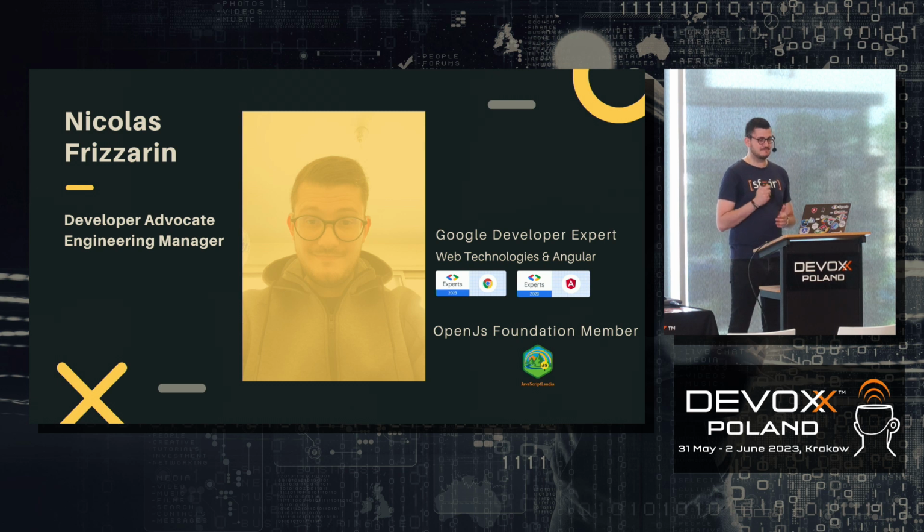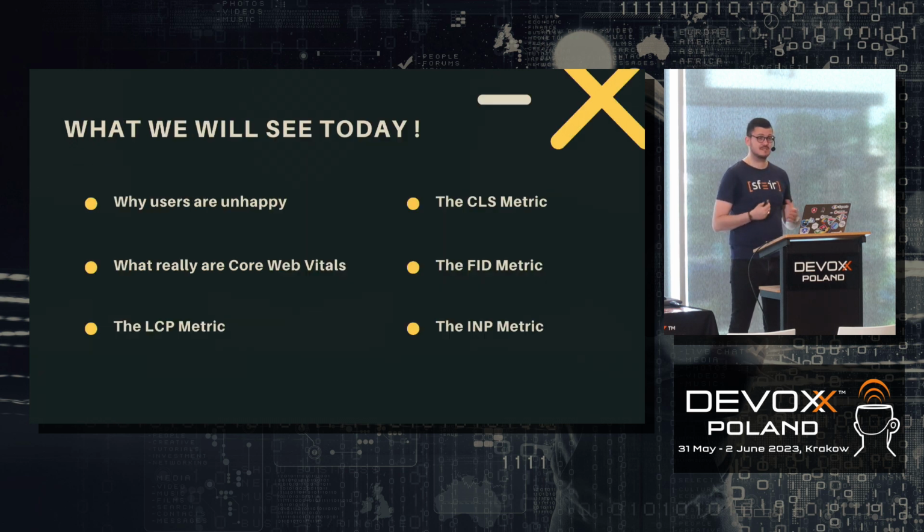So, what's the plan today? What will we see in this talk? First, why users are unhappy to use your application, even if your application works very well. Then we will see what Core Web Vitals really are, to focus on each metric that composes them.